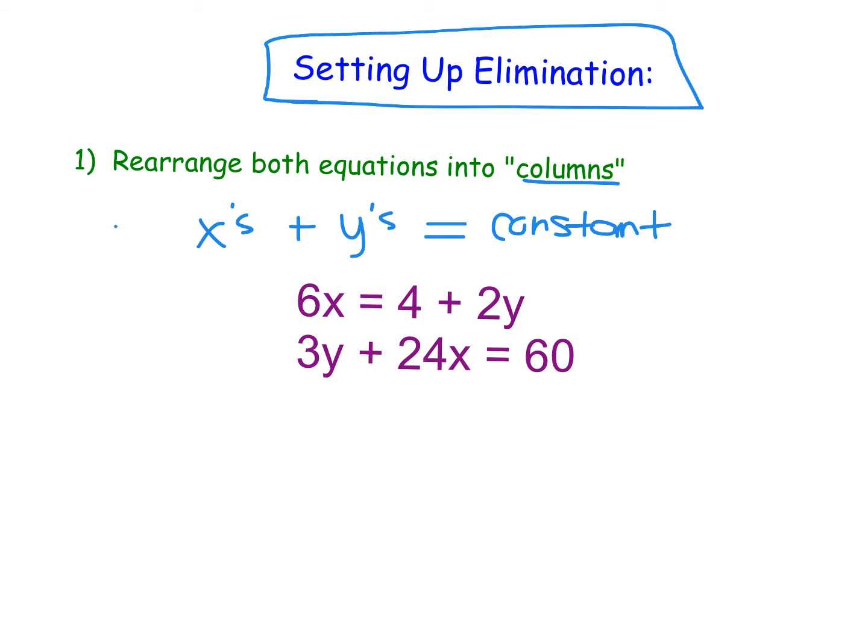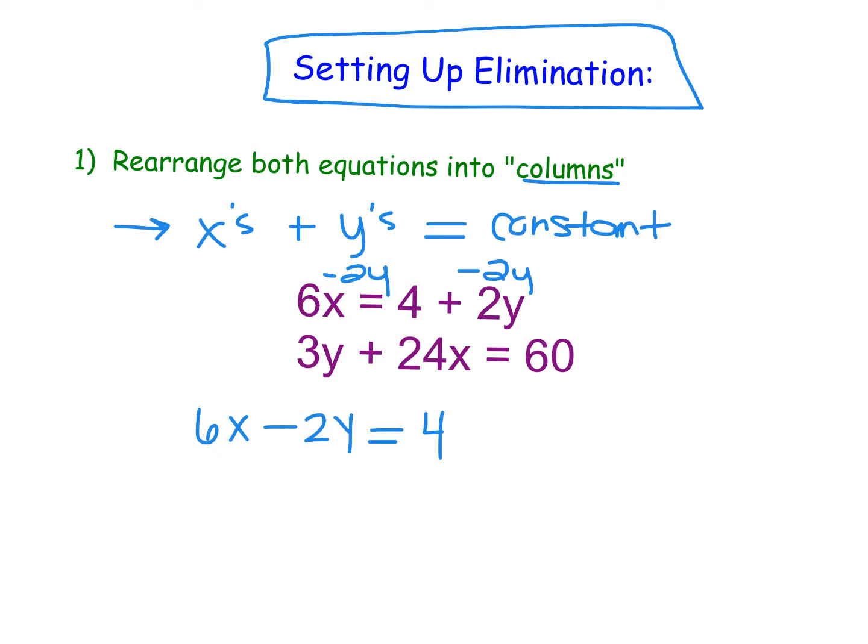So if I set them up in this way with x's, y's, equal sign, constant value, I'm going to start by subtracting the 2y to the left-hand side of the equation. So essentially here I end up with 6x minus 2y is equal to 4. So notice that I have x, y, equal sign, constant.